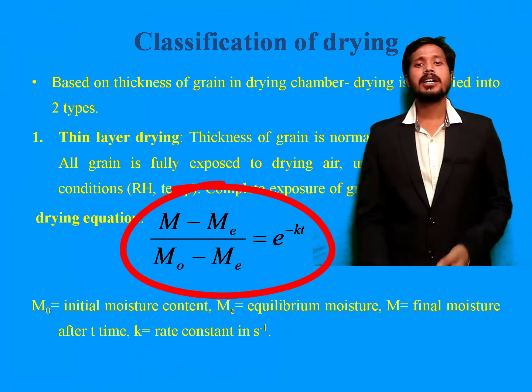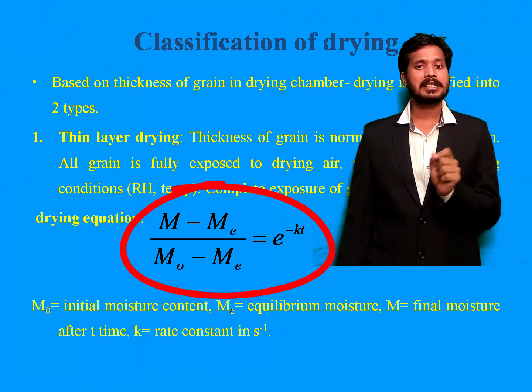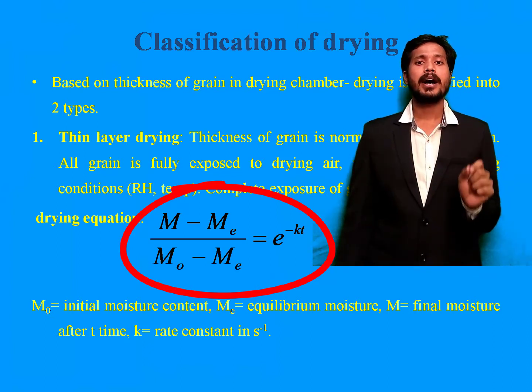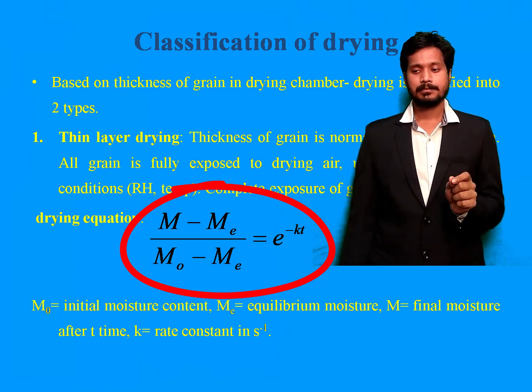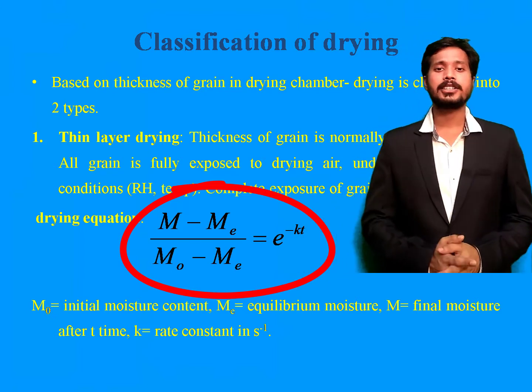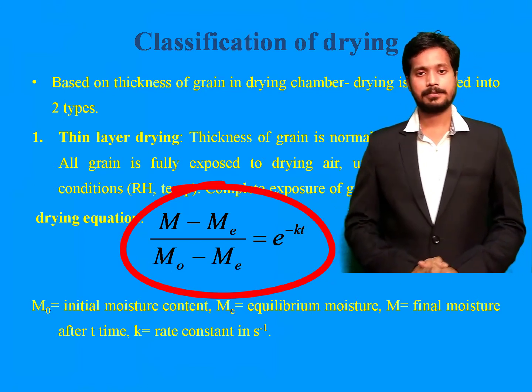So the formula (M minus Me) by (M naught minus Me) equals exponential of minus kT, and this k is called the drying rate constant, in unit second inverse.